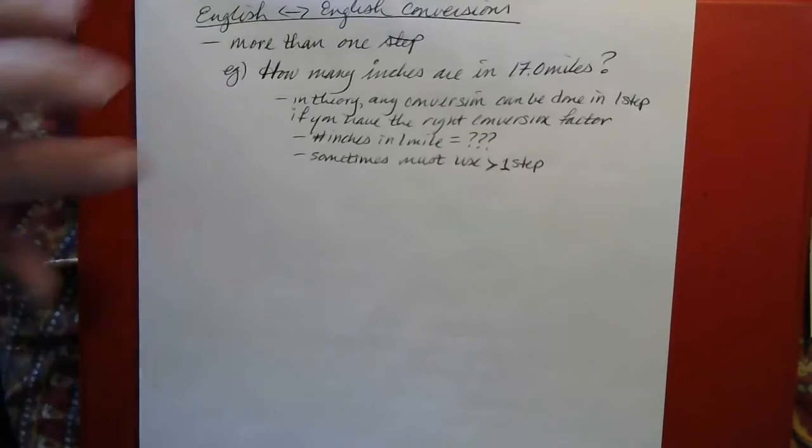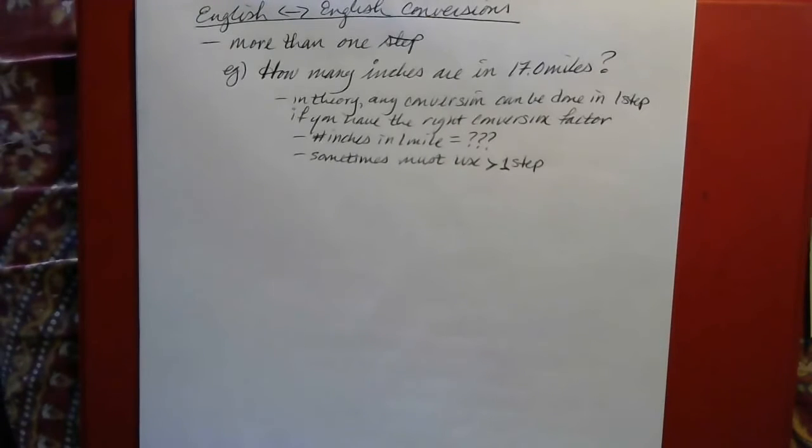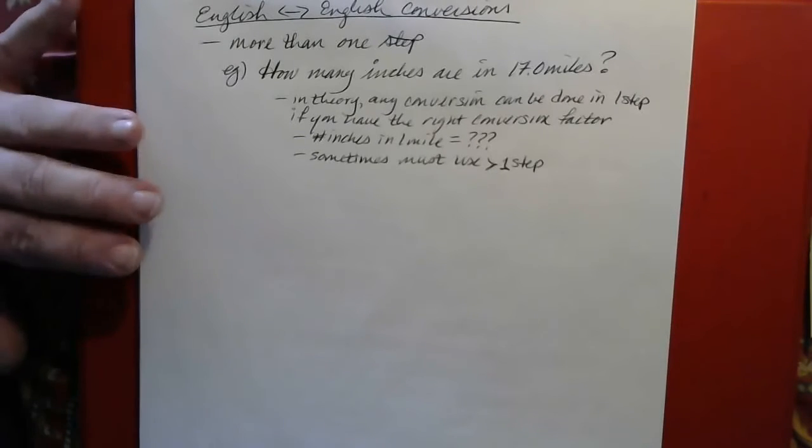As I'll show you in this case, how many inches are there in 17 miles? There are different ways to do that, and those different ways can give you a perfectly valid and correct answer. We usually try to aim for the fewest steps possible, just to save time and effort, but I wouldn't mark you wrong if you used more than the minimum necessary number of steps.